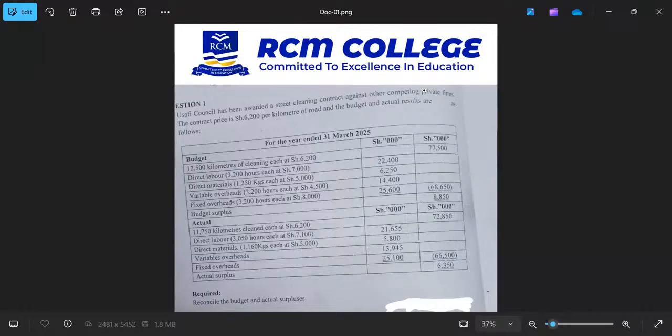They want us to reconcile between the budget surplus, 88 what, 50, and the actual surpluses. So basically, they want you to get all the types of variances: material price variance, material usage variance, labor rate variance, labor efficiency, then variable overheads, fixed overheads, and sales variances. And then you do that table that I've shown you how to do.